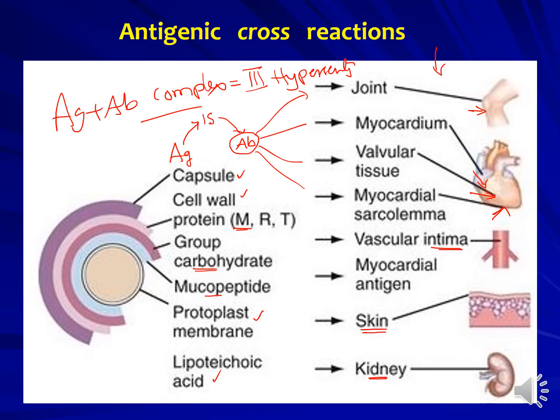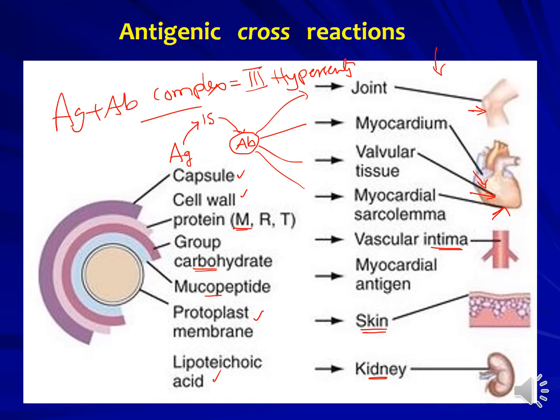So the various antigenic components of the bacteria have antigenic similarities with various components of the human body, like synovial membrane, cardiac muscles, skin, and kidney cells.